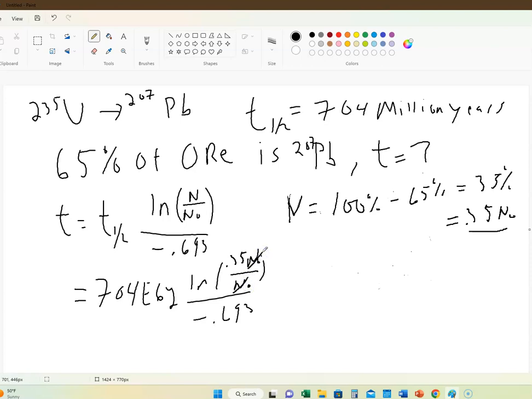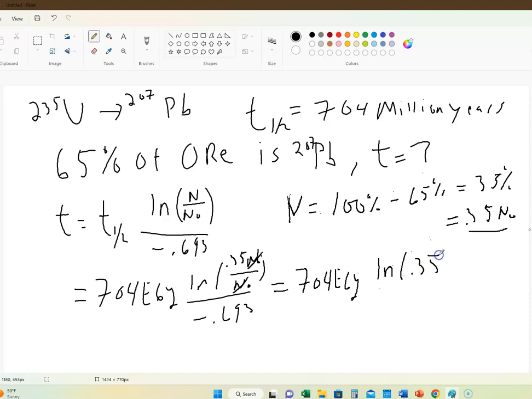All right, so we're going to do this. So it's really just the natural log of 0.35 divided by negative 0.693. Here, let me rewrite it so it looks a little bit better. So it's going to be the half-life, which is 704 million years, so it's 704 times 10 to the 6th years, times the fraction, the natural log of 0.35.